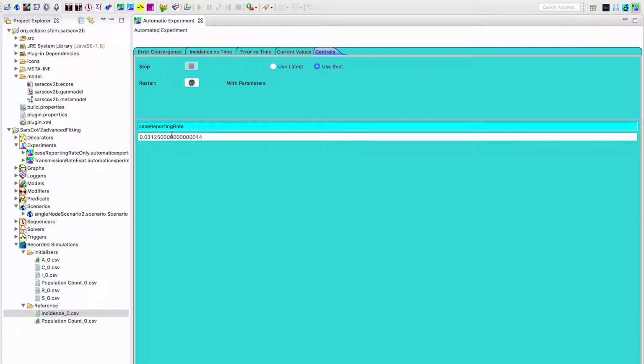When we go back, we see that we have a slight perturbation in our best estimate that we could continue to see if there's any significant change in. Okay, thank you. I think that concludes this part of the demonstration and presentation, and we'll move on to the next part.